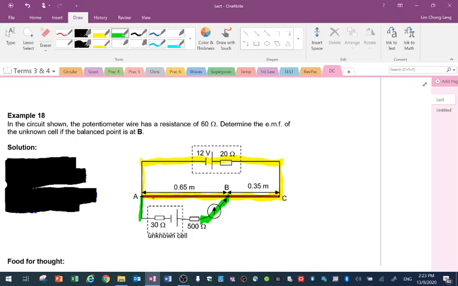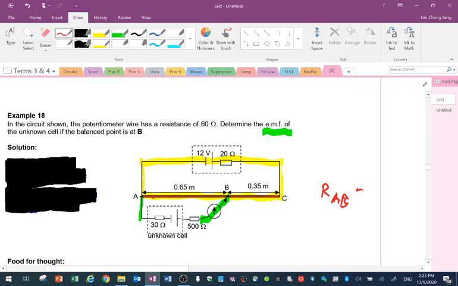So you want to determine the EMF of the unknown cell if the balance point is at B. At balance point, the current through the unknown cell is 0. So what is the resistance AB? We have to calculate the resistance AB, right?